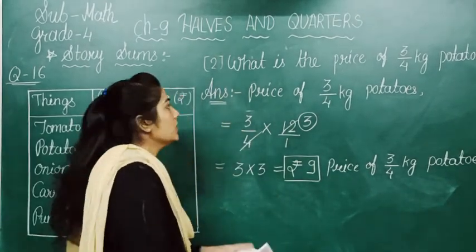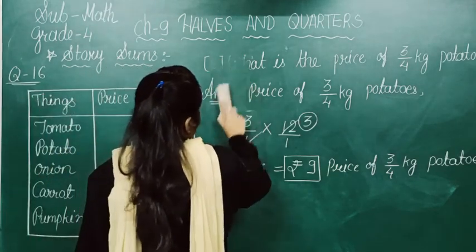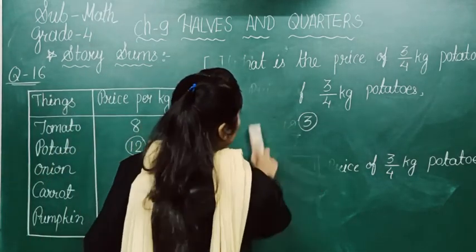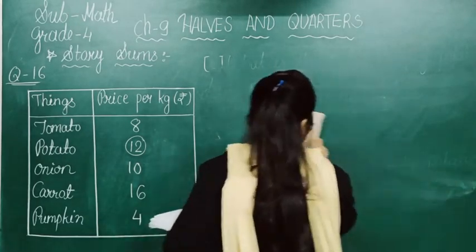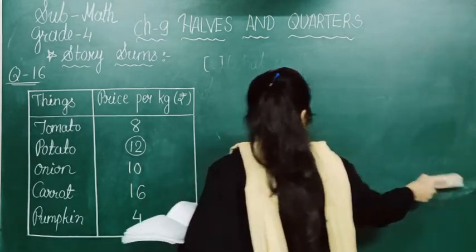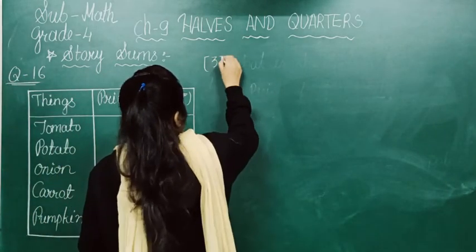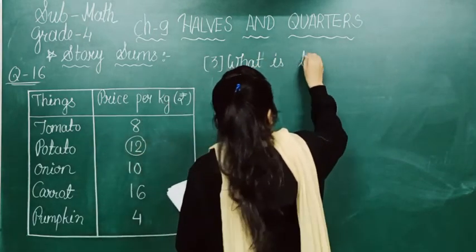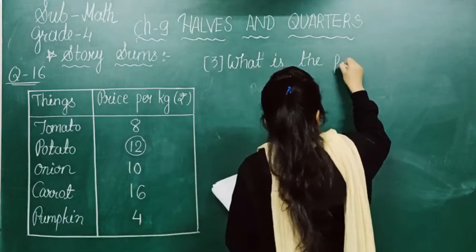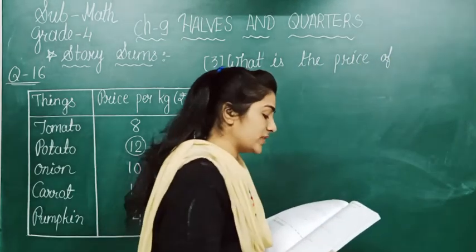Now we are moving further to question number 3. Your question number 3 is, what is the price of 3/4 kg carrots?